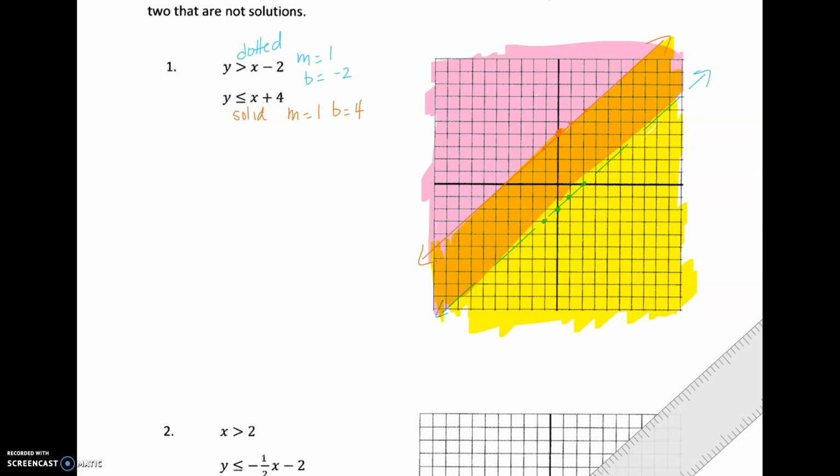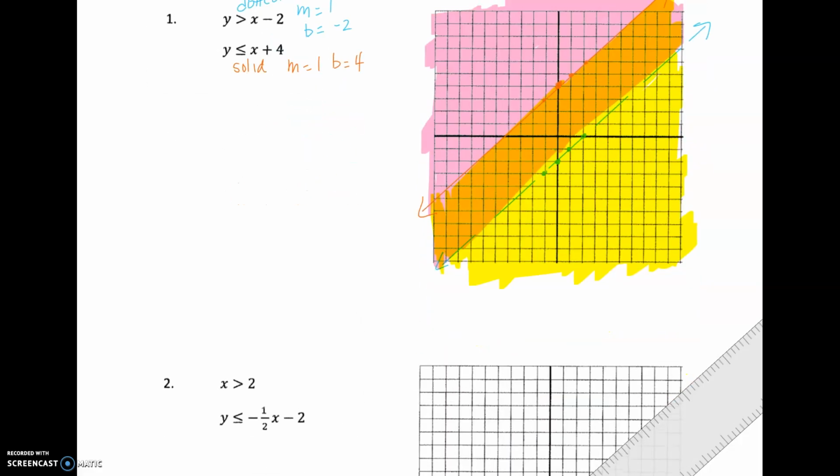So this says give 2 ordered pairs that are solutions. Okay. 0, 0 is a solution. Make it easy. And 0, 1 is a solution. 2 points that are not solutions.